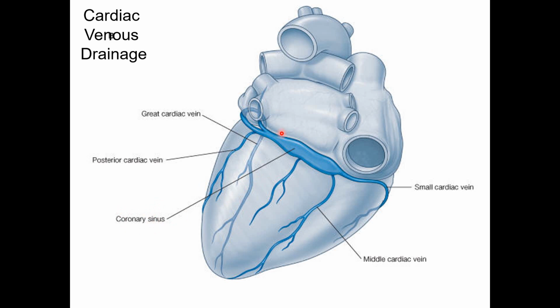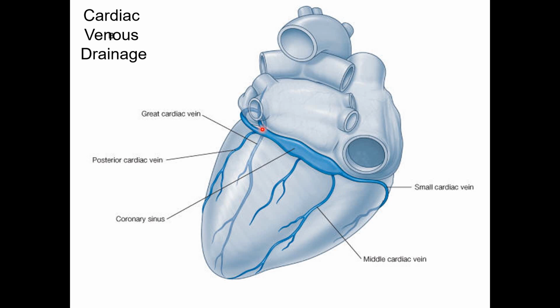Sinus here means that it is a large caliber, thin walled, valveless vein. First, its diameter is large; second, its wall is very thin; and third, it has no valves. Blood from the great cardiac, middle cardiac and small cardiac all drains into the coronary sinus.